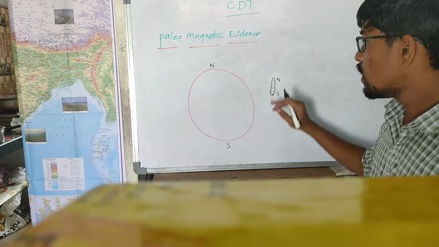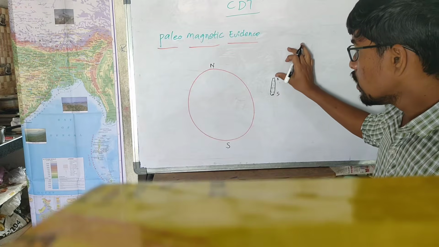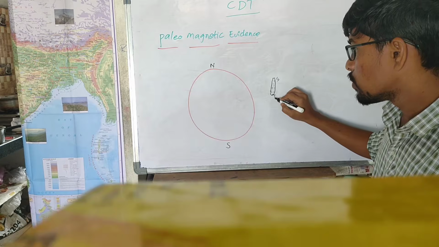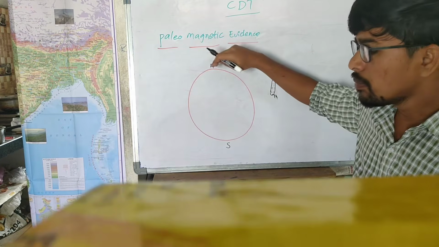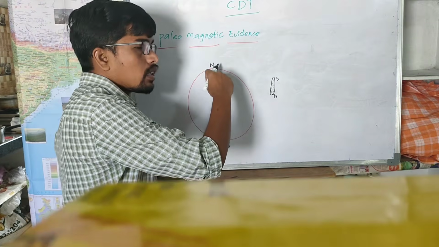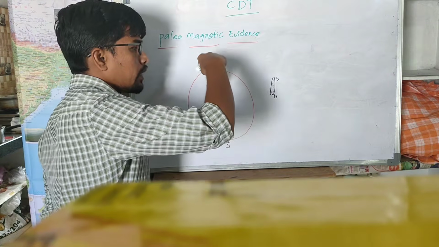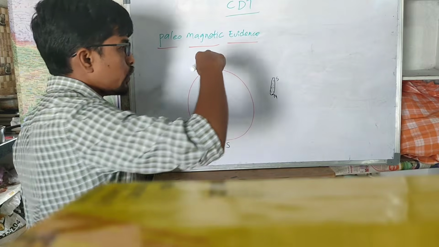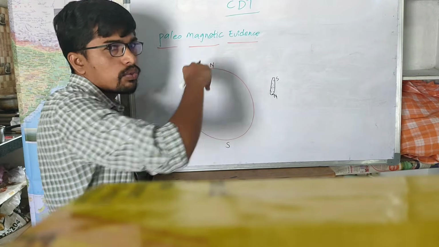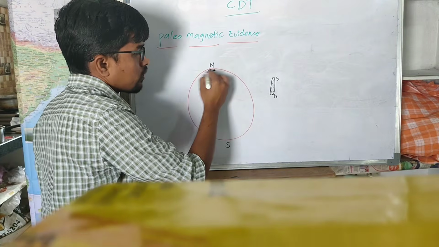At the poles, they attract in the perpendicular direction. They want to join the north pole of the earth.